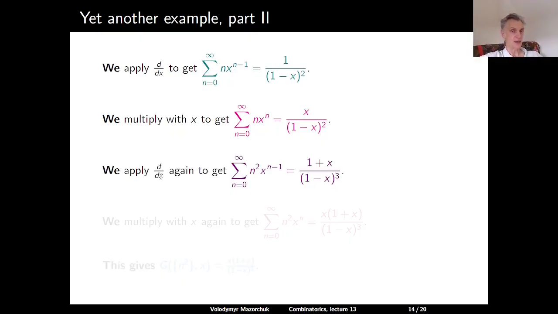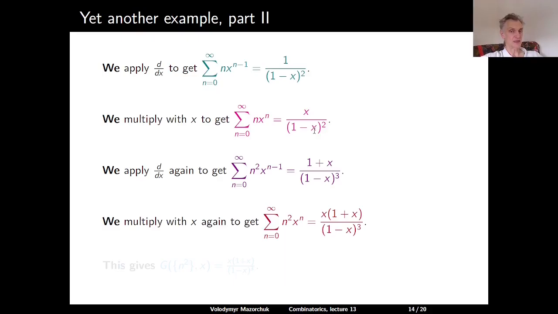We differentiate again, and we get that the sum over all n of n squared times x to the power n minus 1 is equal to 1 plus x divided by 1 minus x to the power 3. That's the derivative of x divided by 1 minus x squared.